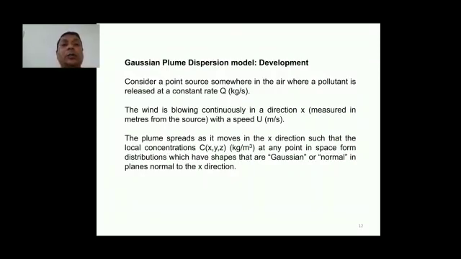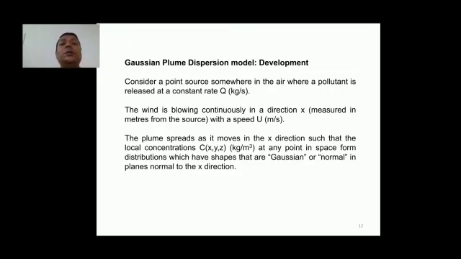Consider a point source somewhere in the air where a pollutant is released at a constant rate q, kilogram per second. The wind is blowing continuously in the direction x with a speed u, meter per second.